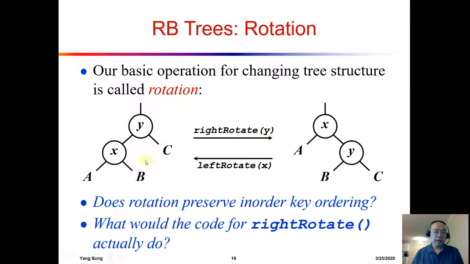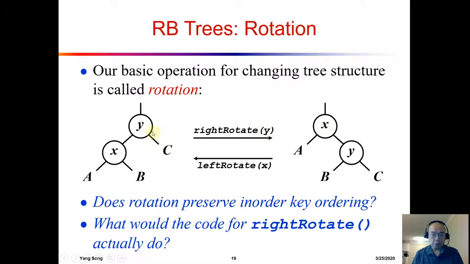So if we have y as the root of the subtree, and then we have x as the left child, and then we have three subtrees. For those three subtrees, A, B, and C, I don't worry about the size of those trees. I just call them subtree A, B, and C. Okay, so if we want to do a right rotation, what we are going to do is for the x here, we are going to make x the root of the subtree.